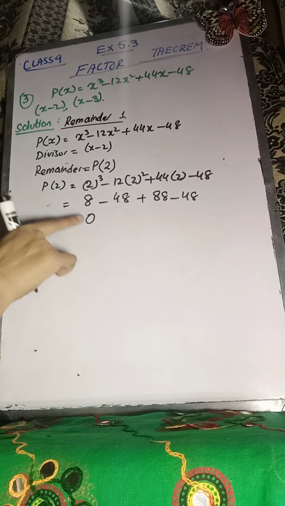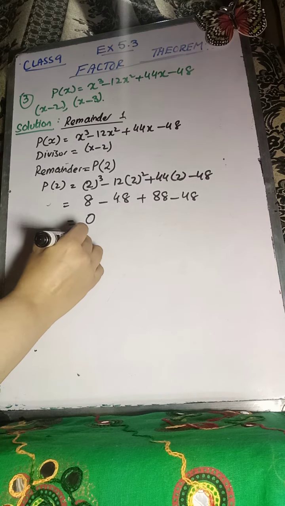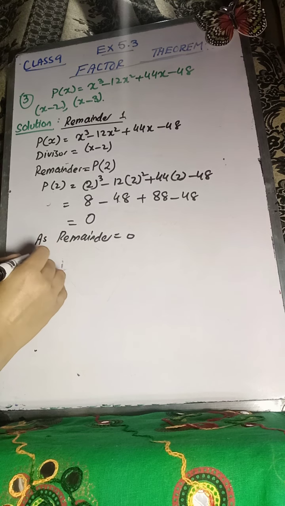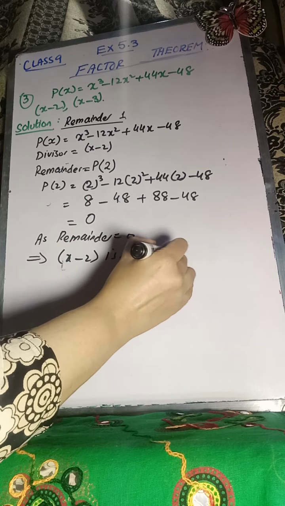As p of 2 is equal to 0, it means that the remainder is equal to 0. Okay, as the remainder is equal to 0, this implies that x minus 2 is a factor.